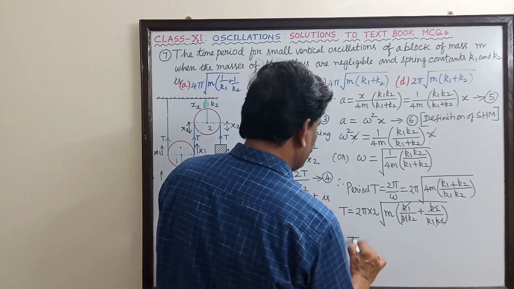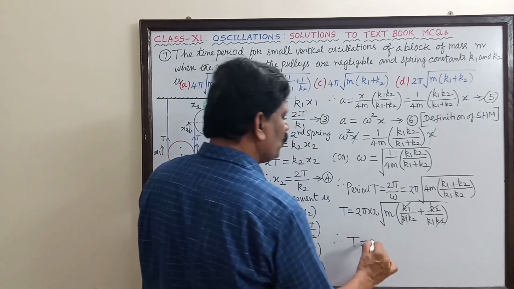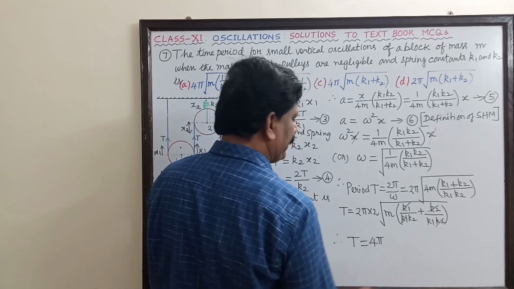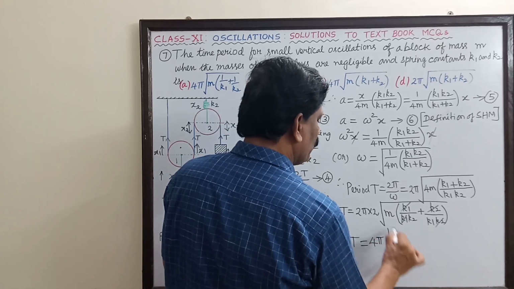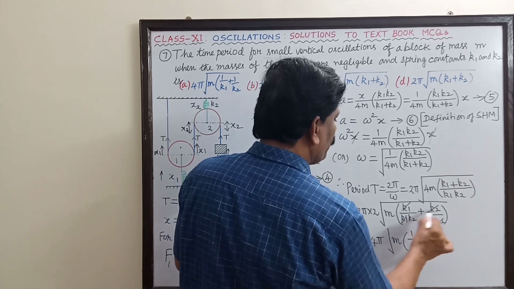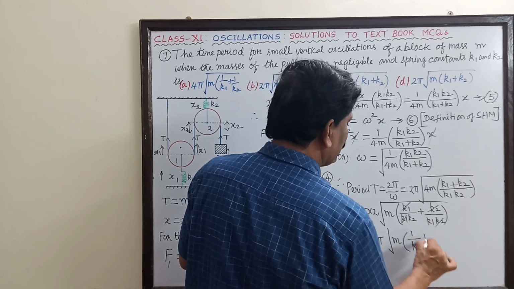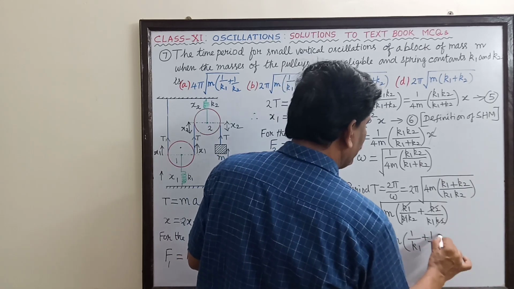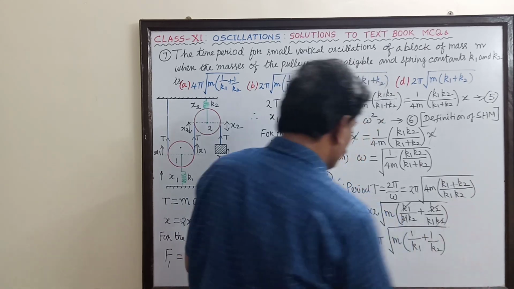Therefore now T is equal to, this 2 into 2 will become 4 into pi into square root of m is retained into 1 by k2 plus 1 by k1, also can be written as 1 by k1 plus 1 by k2.